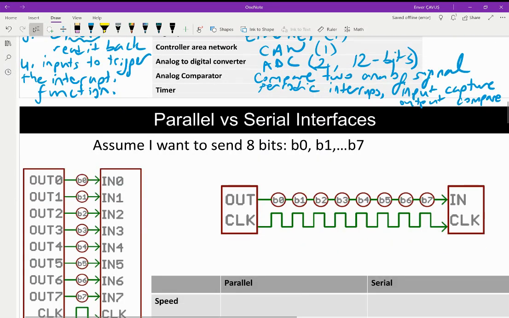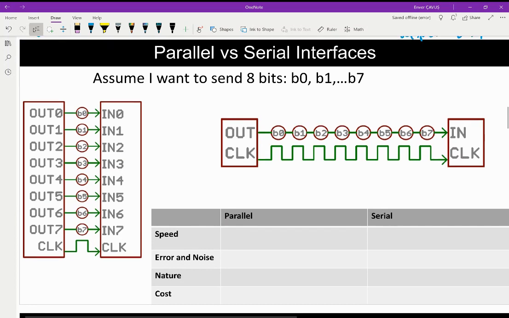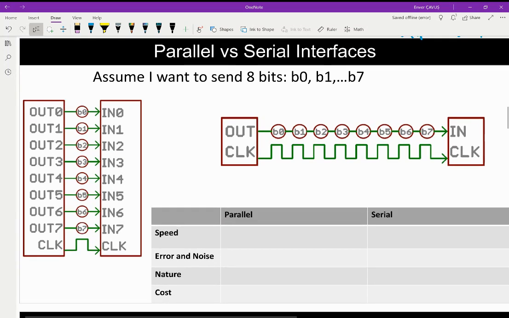Now let's look at the serial interfaces, but before that, let's try to understand the difference between parallel and serial interfaces. Assume I want to send 8 bits from B0 to B7. I have 2 options: either a parallel interface or a serial interface.